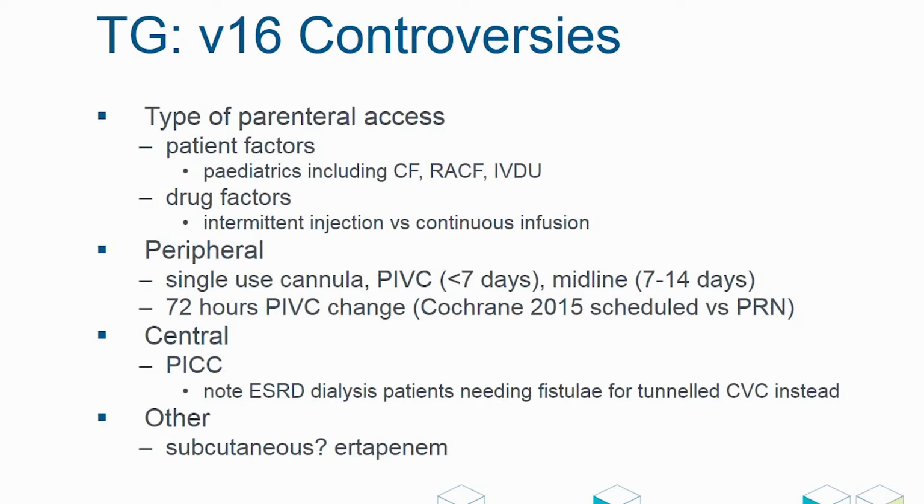But we are going to include an option, and the French are very, very keen on this, giving subcutaneous ertapenem if IV access is just simply not possible. And it's given exactly the same way, by a slow infusion.